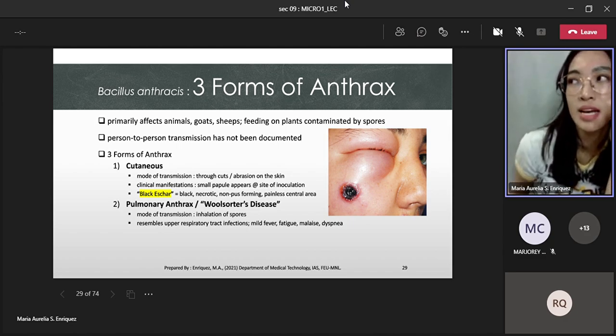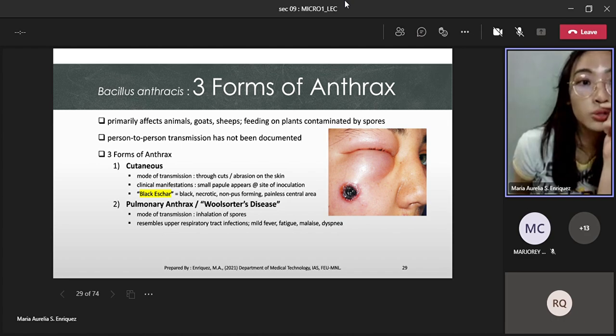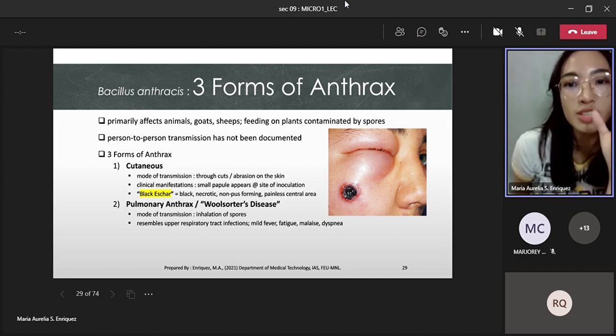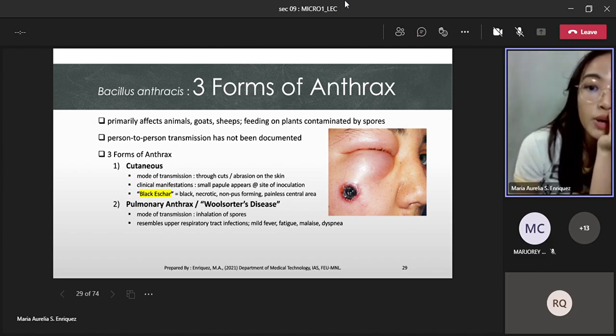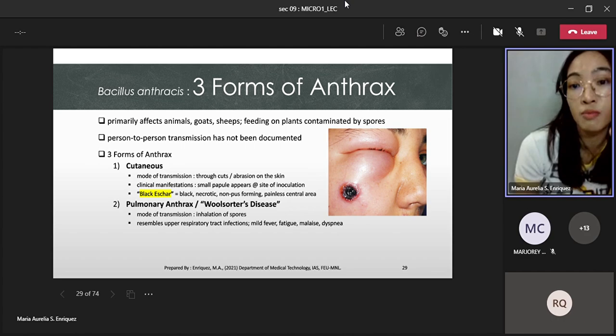So dito na po papasok yung capability ng organism to be a category A bioterrorism agent. Kasi pagdating dun sa severe phase or dun sa respiratory distress, magiging fatal na po yung infection. So respiratory problems include dyspnea, which is the shortness of breath or difficulty breathing. And then also there would be cyanosis, which is the bluish discoloration of the skin due to lack of oxygen in the blood.